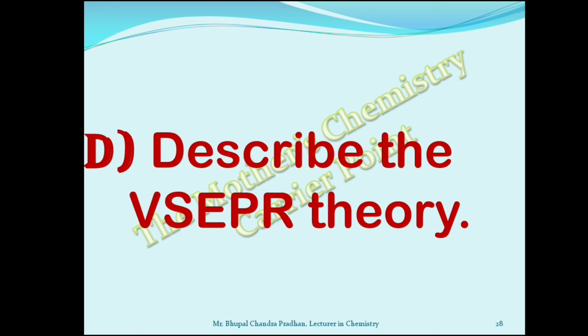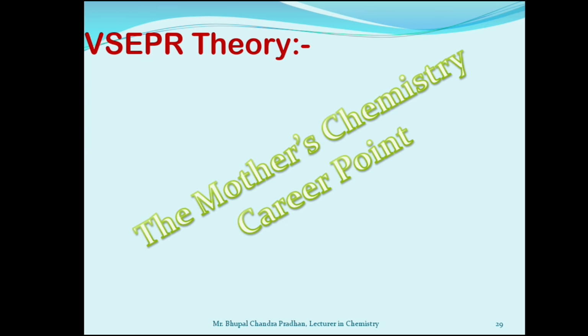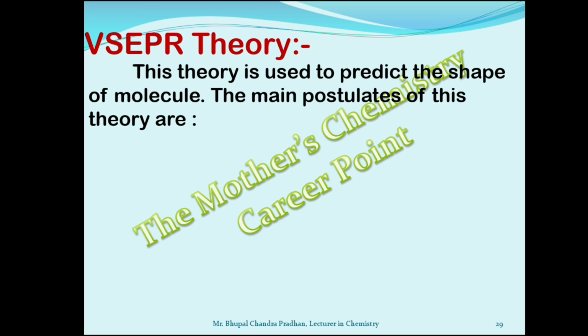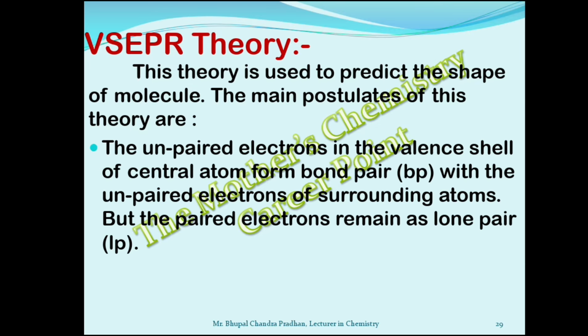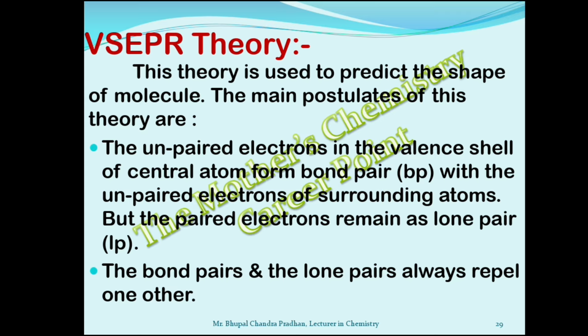Now, describe VSEPR theory, valence shell electron pair repulsion theory. This theory is used to predict the shape of a molecule. The main postulates of this theory are: the unpaired electrons in the valence shell of the central atom form bond pairs with the unpaired electrons of the surrounding atoms, but the paired electrons remain as lone pairs. The bond pairs and the lone pairs always repel one another.